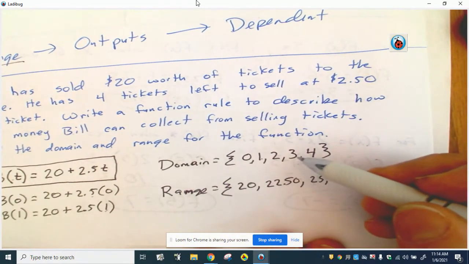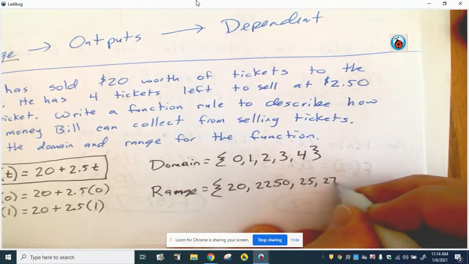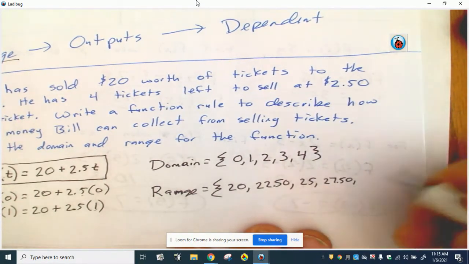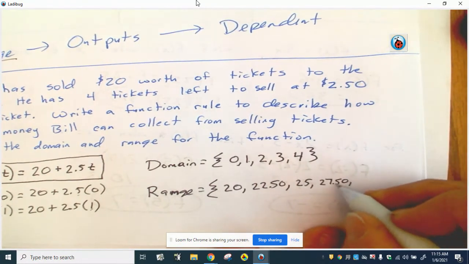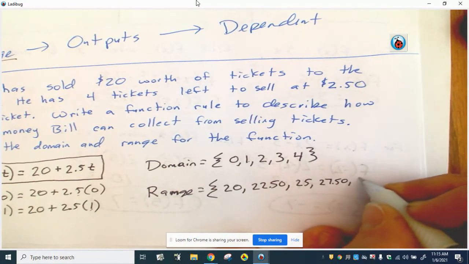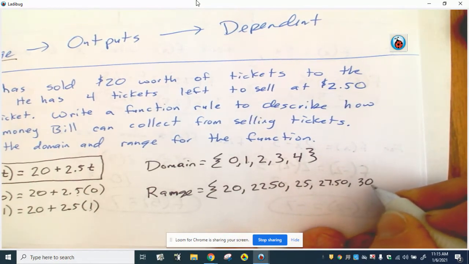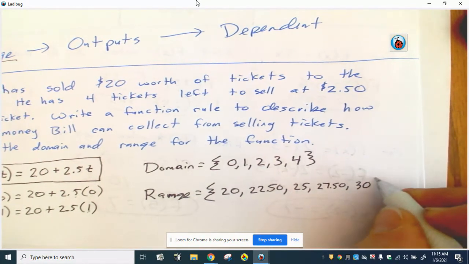If he sells 3 tickets, if you add another 2.50, it'd be $27.50, right? And then if he sells all 4 tickets, you plug in another 2.50, and it'd be up to $30, right? So there is our range.